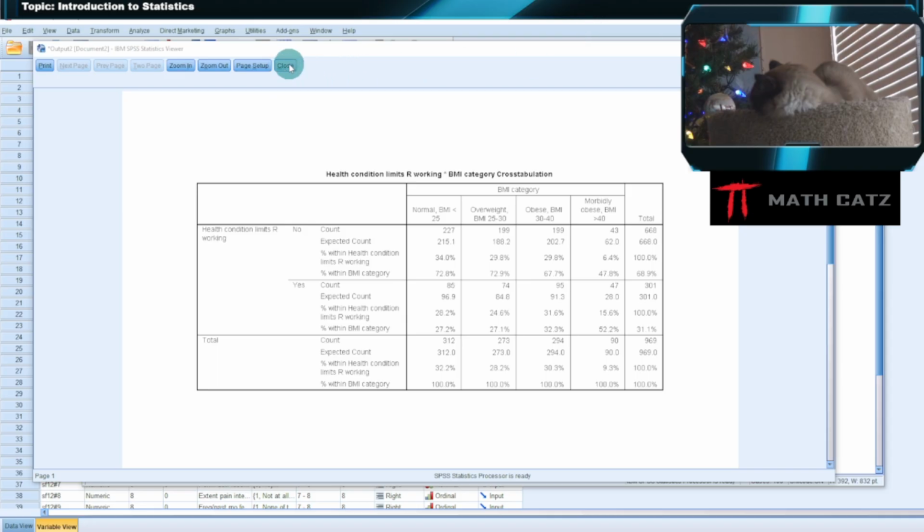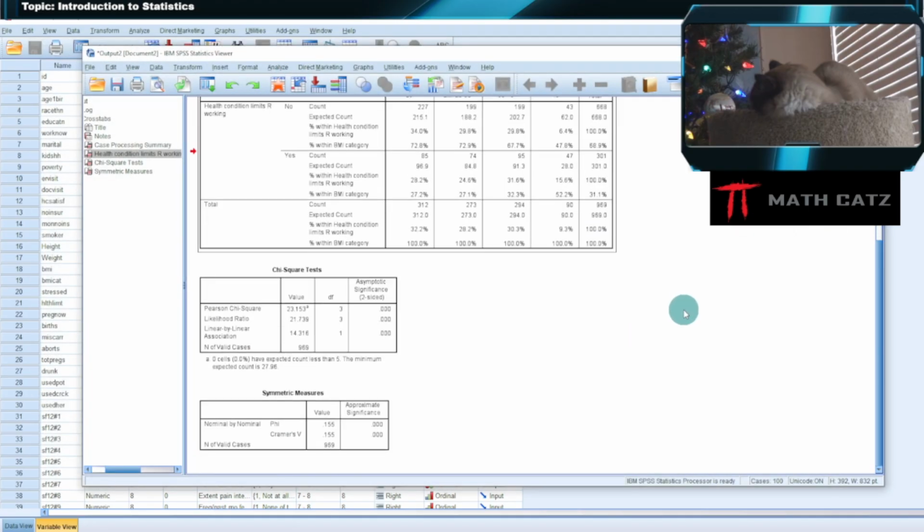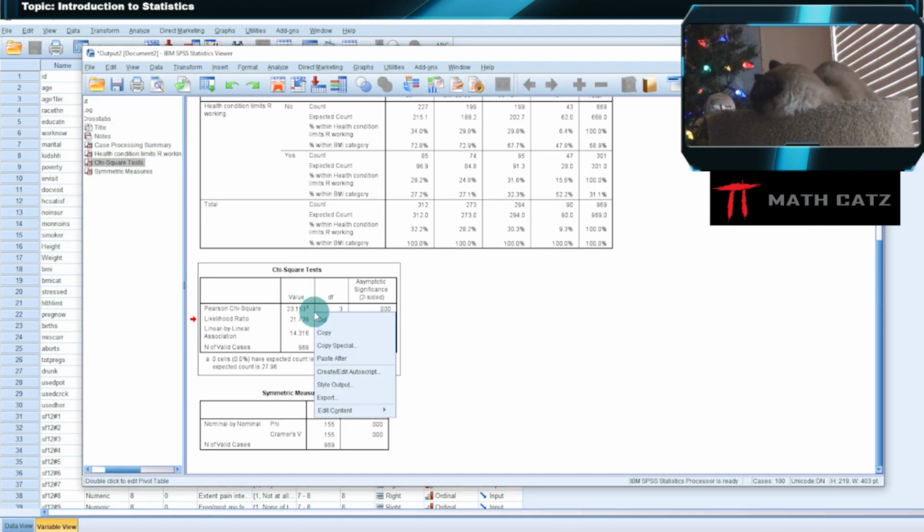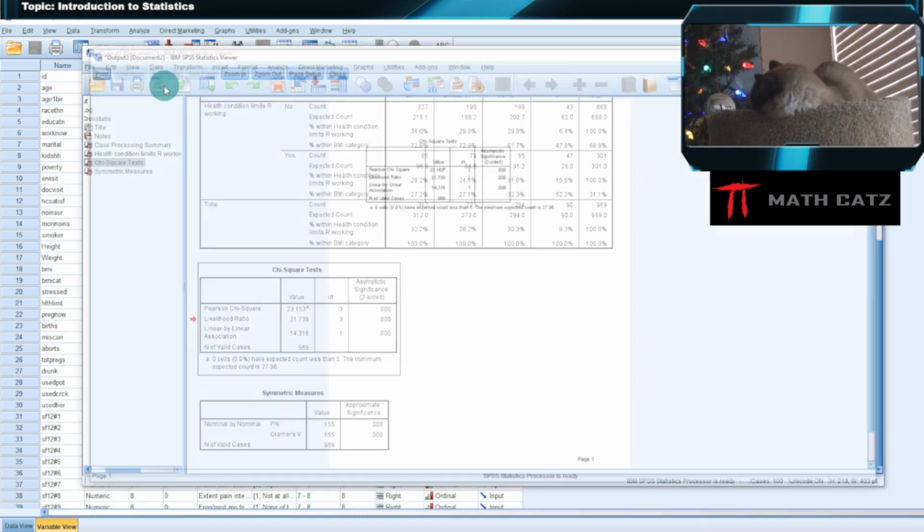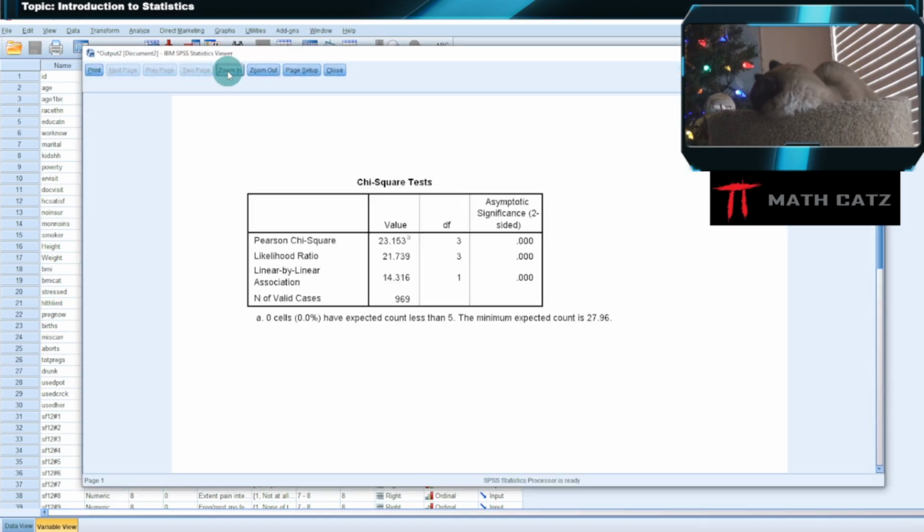But then we can look at what the chi-squared statistic actually is. Let me just print preview that and make it a little bit bigger. And we see this first one over here, Pearson chi-squared, is 23.153. Now, if I've done some of these by hand, I would know that that is pretty large and exceeds my usual cutoff scores. So chi-squared, not F, that's another one.